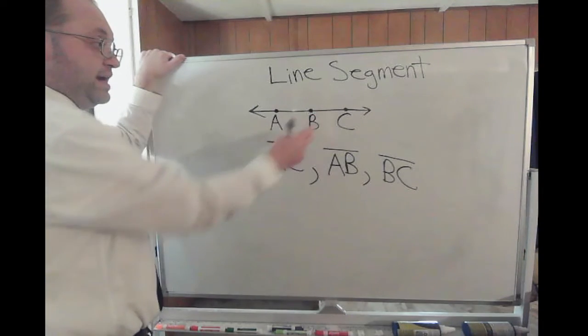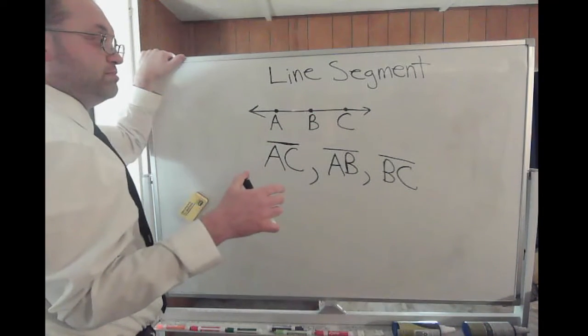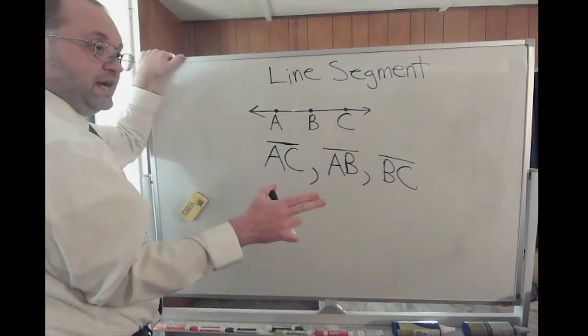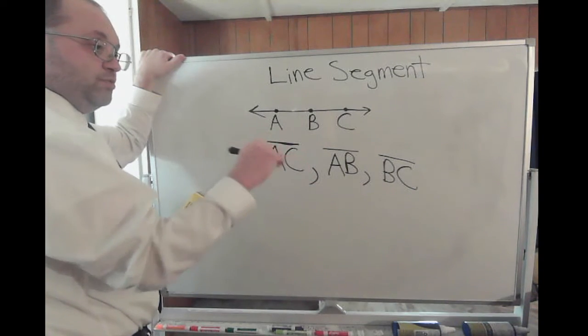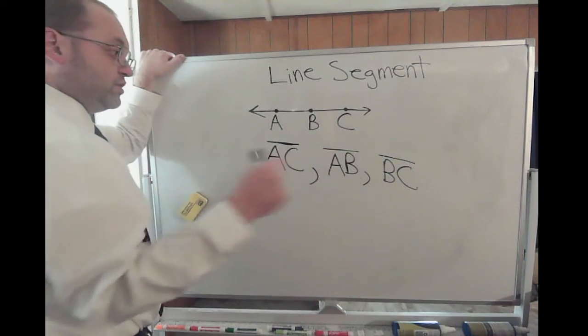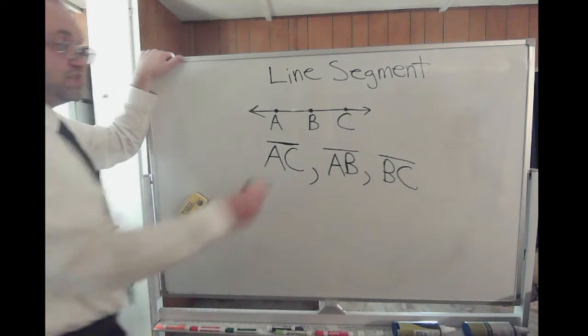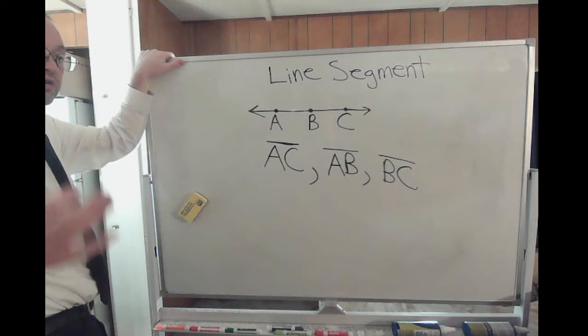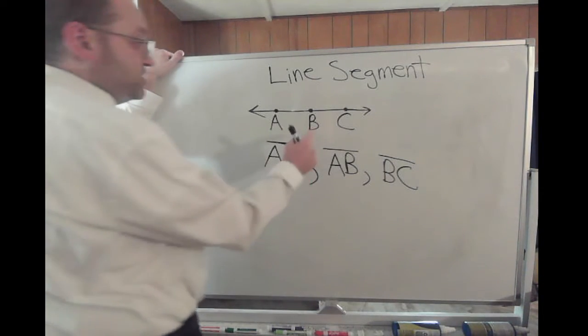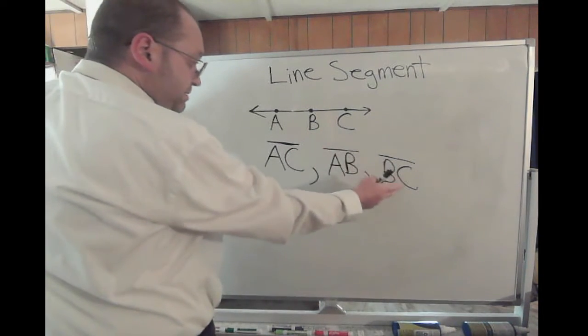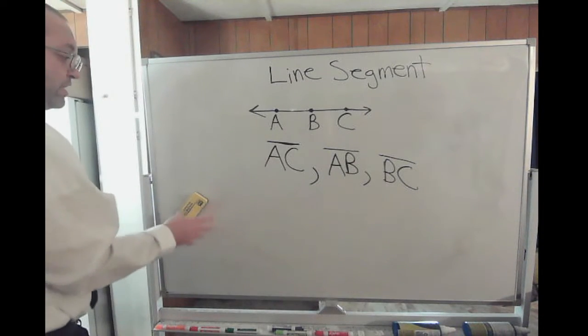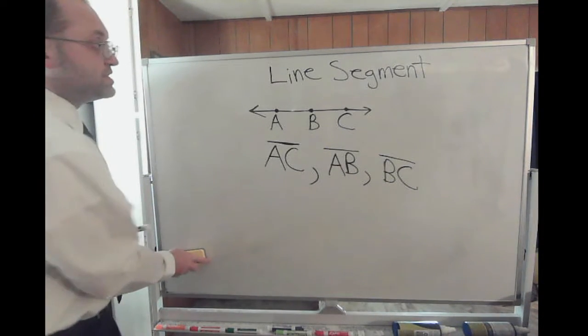You have a ray, which is a subpart of a line, because it starts at one point on the line as its end point and keeps going infinitely in one direction. And then a line segment, you can argue, is also a subpart of a line, or even a subpart of a ray, because it starts at one point and ends at a point. So those are line segments.